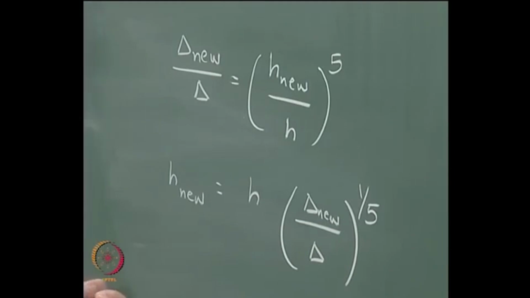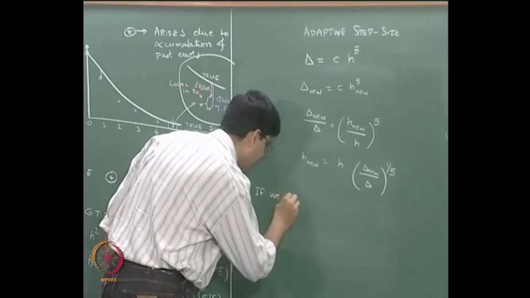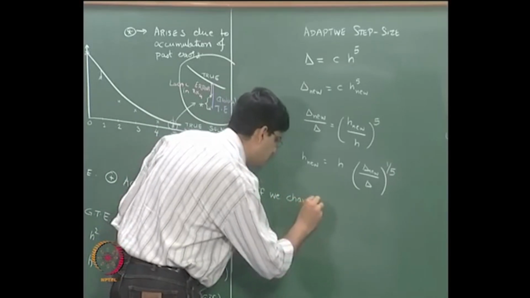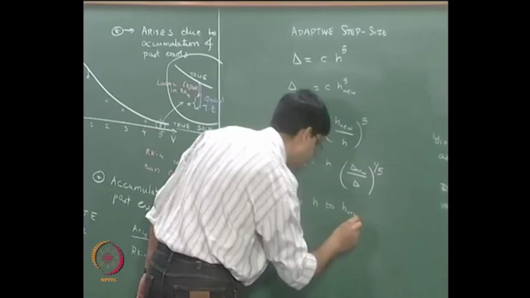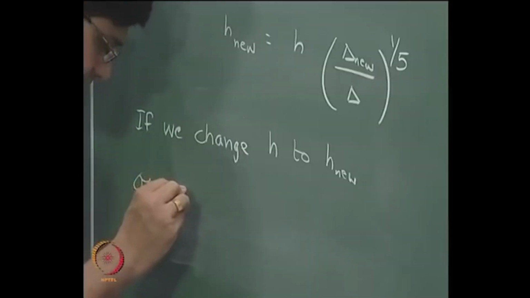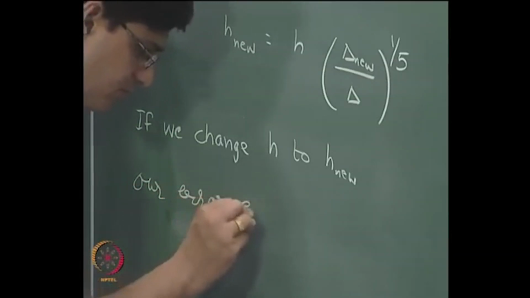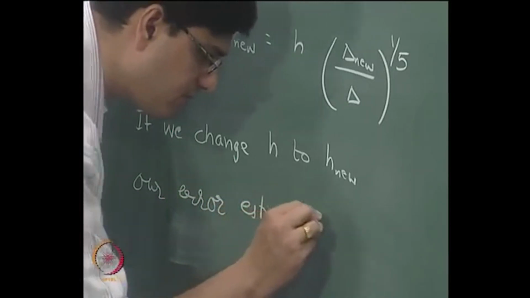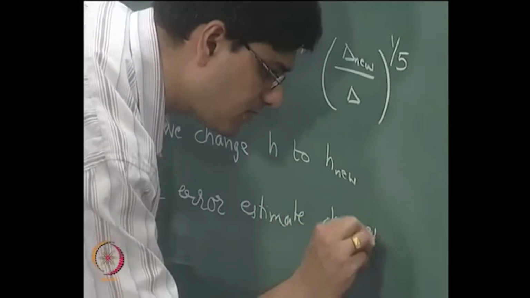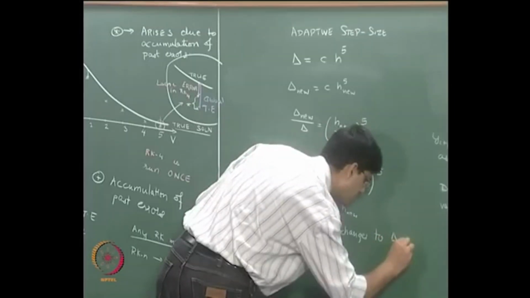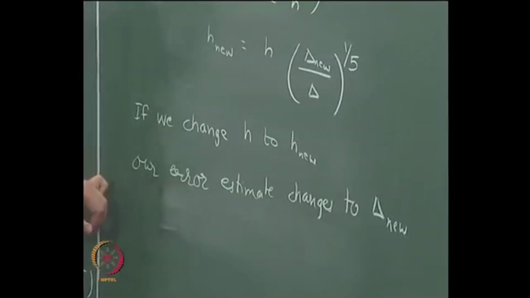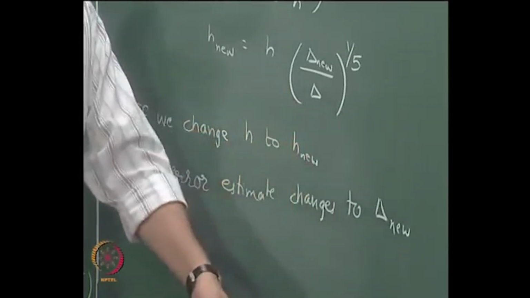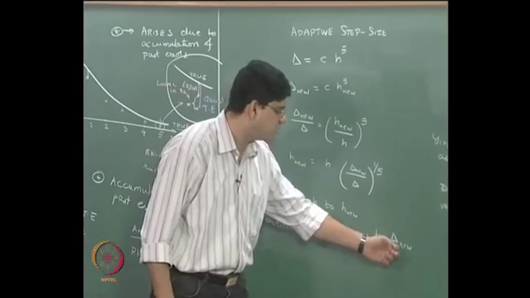Okay, so what this equation says is, if we change from h to h nu, the difference between a more accurate method and the less accurate method is going to change from delta to delta nu.